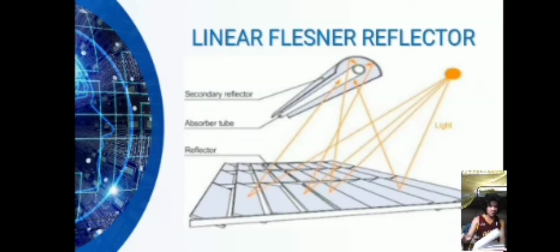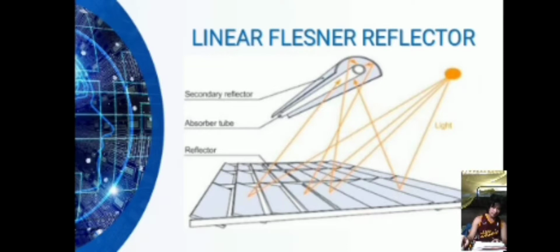So, dito sa linear Fresnel reflector, ang gamit dito is flat mirror. The heat of the sun, or the light, will hit the mirror. The mirror directs the light to the tube.